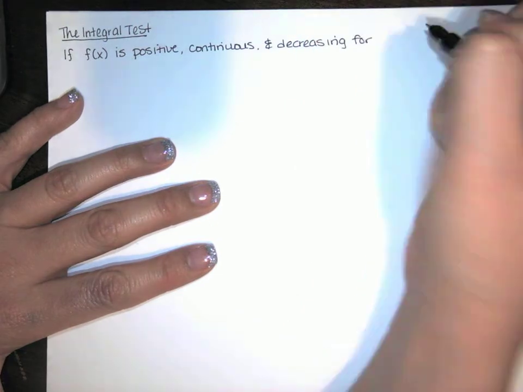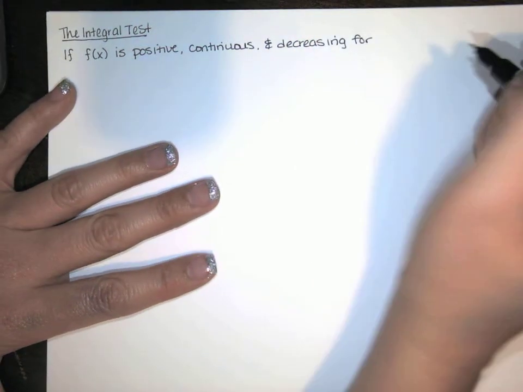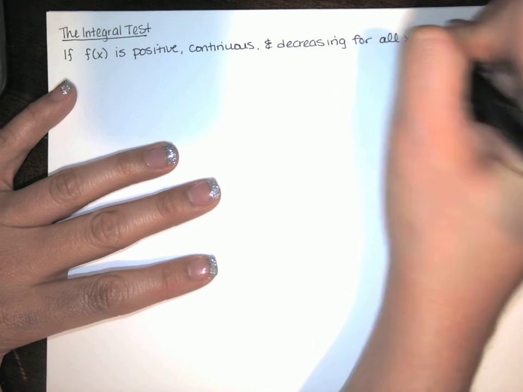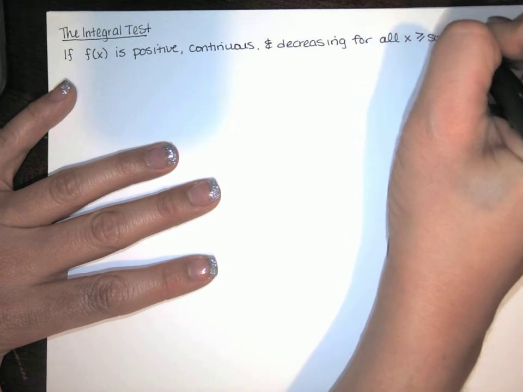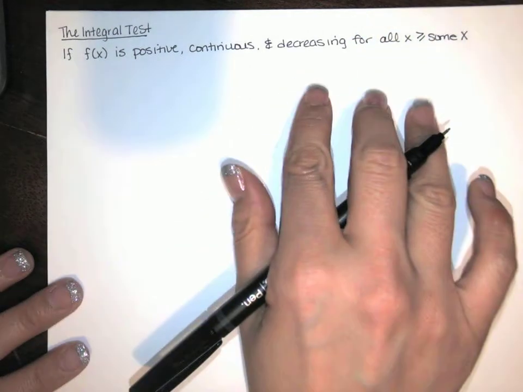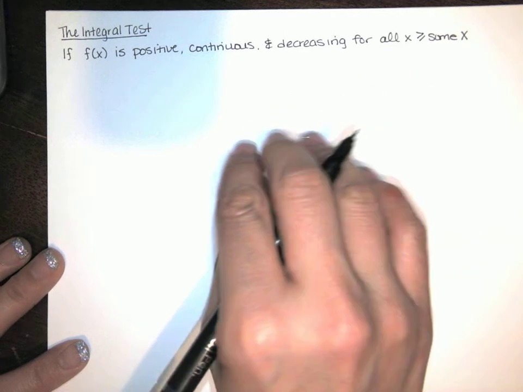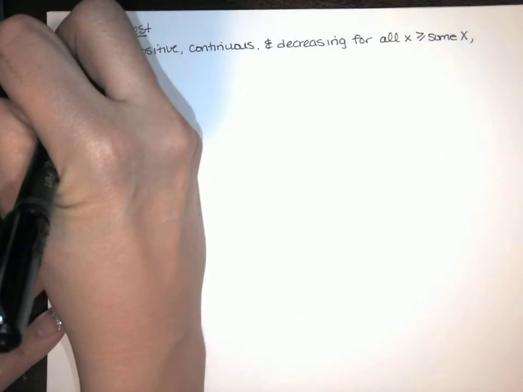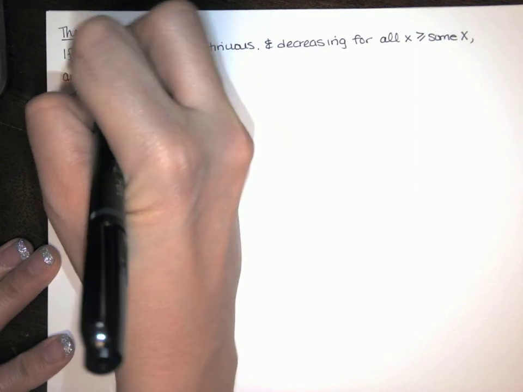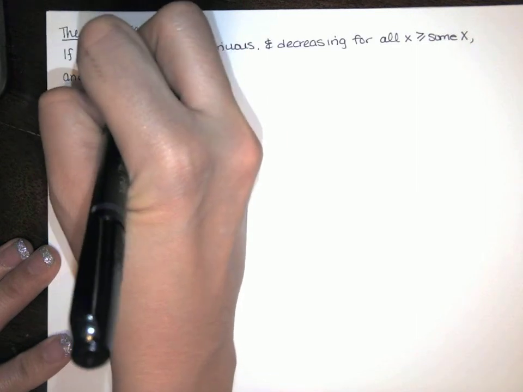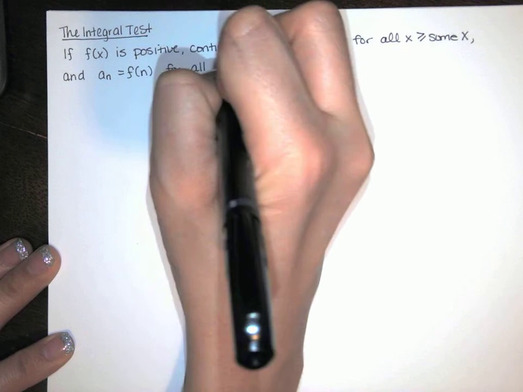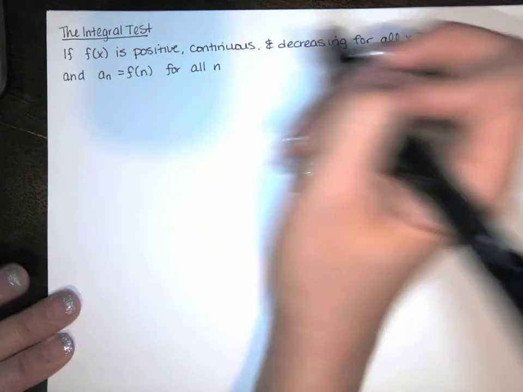Now our book says for all x greater than or equal to 1, but I'm just going to write for all x greater than some particular x. It just has to be eventually decreasing. It has to be decreasing as it goes to infinity. And a sub n is equal to f of n for all n in the domain of the sequence.